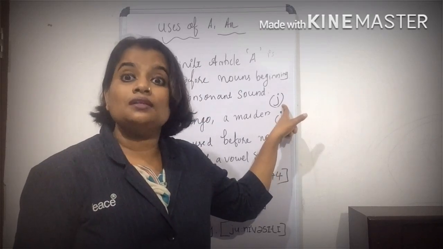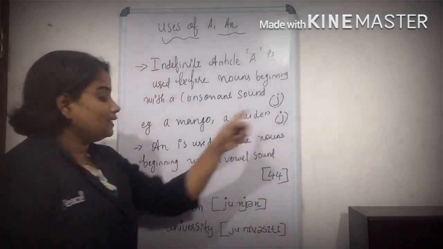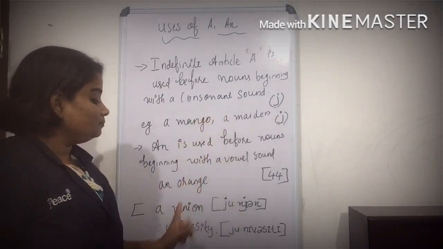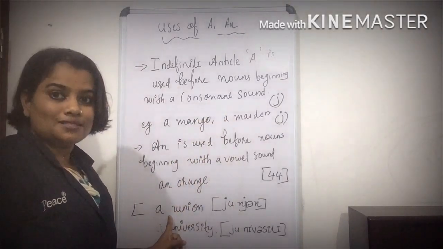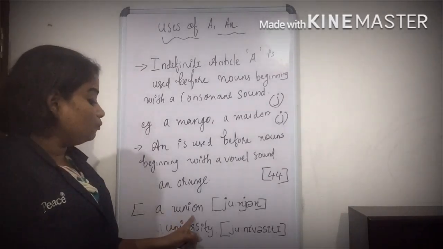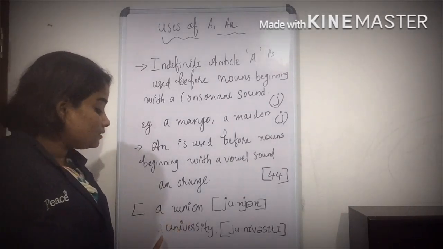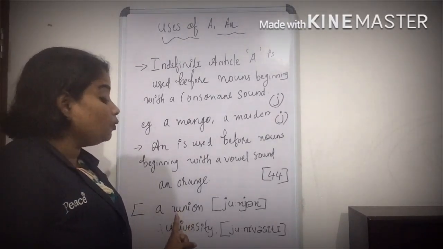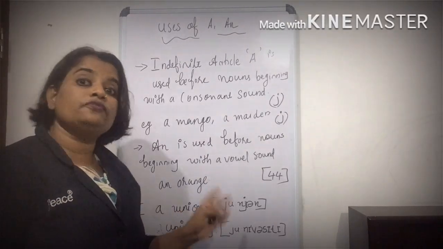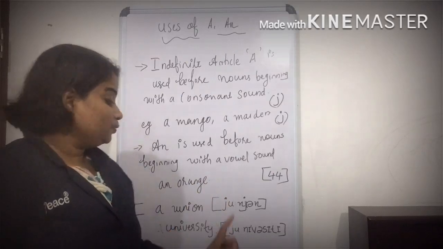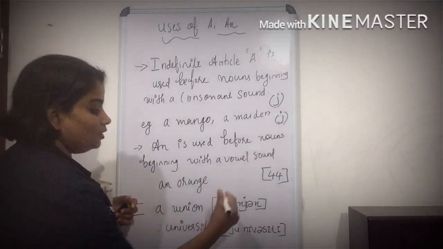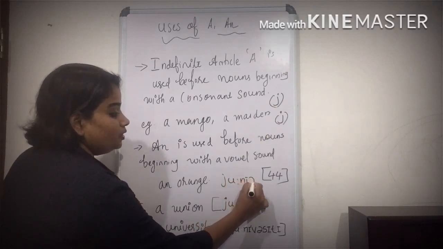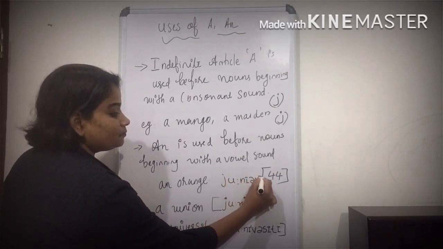That's why it comes under the indefinite article a: a union, a university, a European. When you transcribe these words into phonetics, you need to write them this way: university, union.